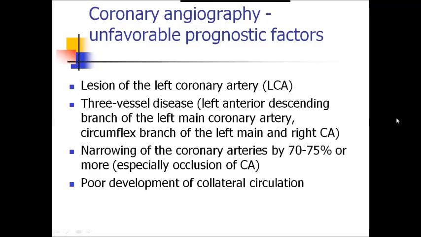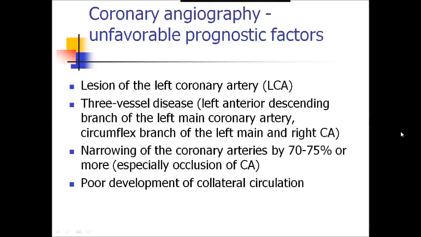Second point is the so-called three-vessel disease: the left anterior descending branch of the left main coronary artery, the circumflex branch of the left main, and the right coronary artery. In three-vessel disease, the prognosis is much worse than, of course, if the lesion occupies only one branch of the coronary arteries.